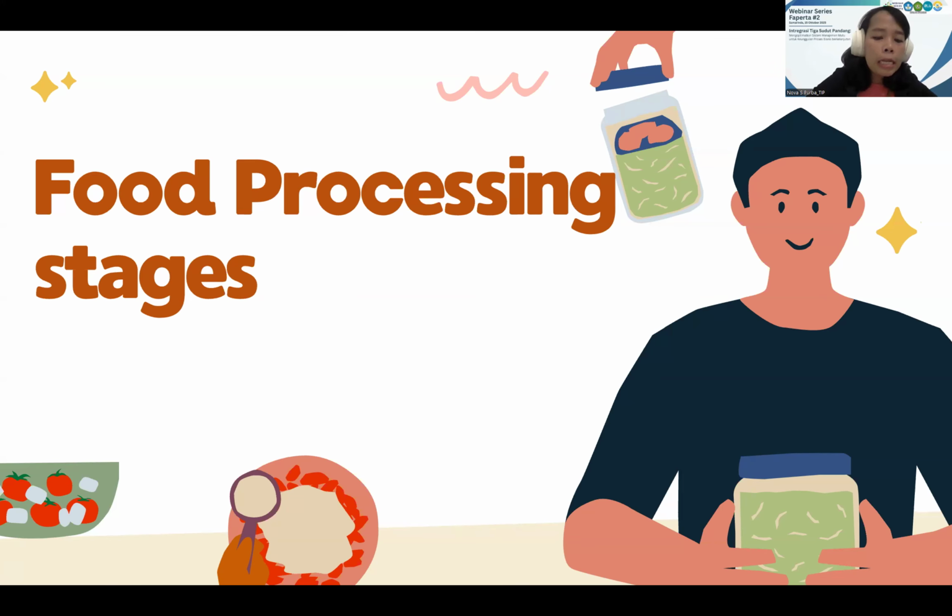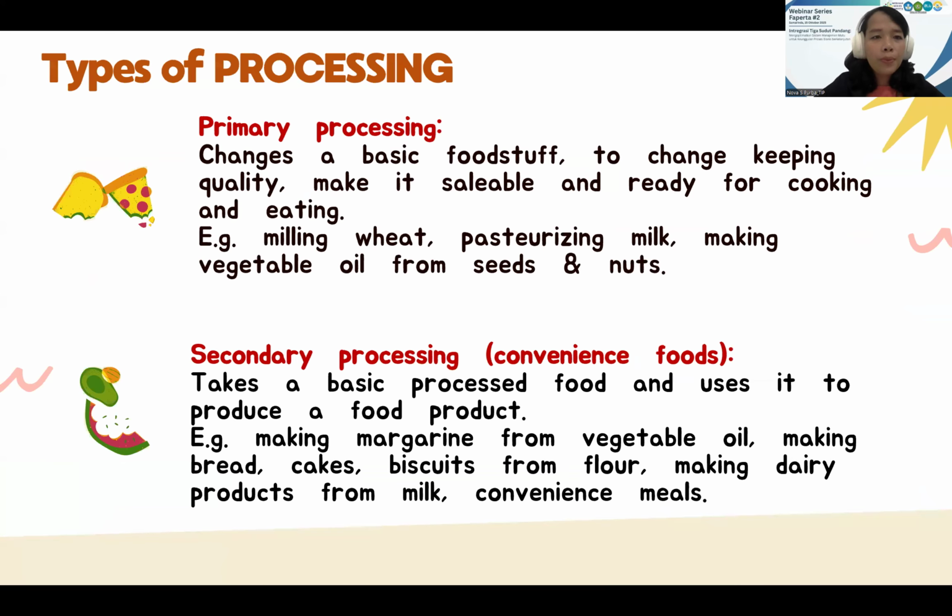Let's see what is the food processing state. Food processing can be divided into two. The first is primary processing, and the second is secondary processing or convenience food.